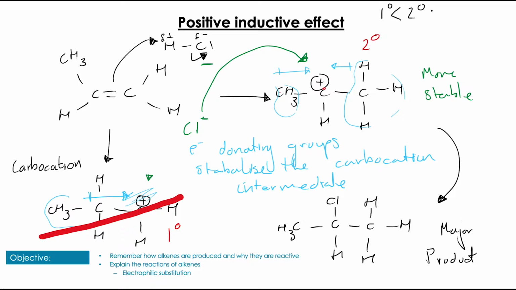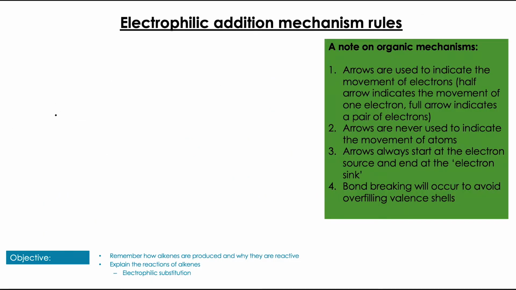But I know what you're thinking, how do I even get to drawing a mechanism? So although we're still going to be following the same rules that I introduced with the alkanes lesson, I'm also going to be giving you specific advice for looking at electrophilic addition mechanisms. So there are four basic rules or four basic stages to this reaction.